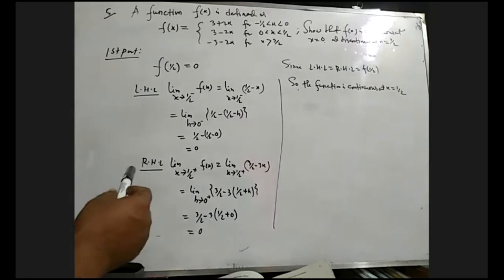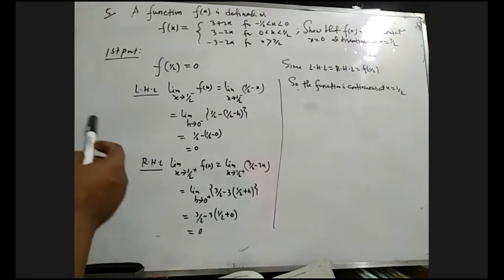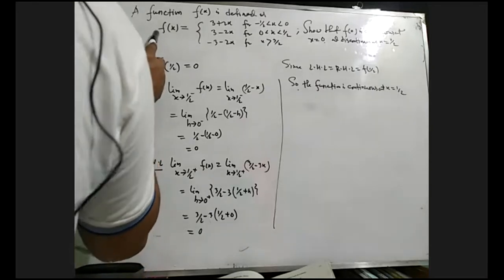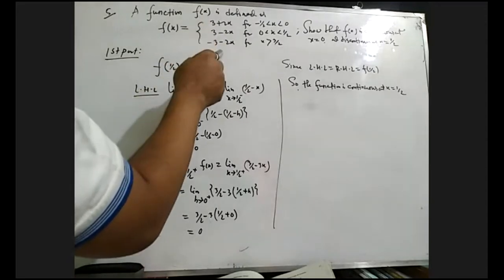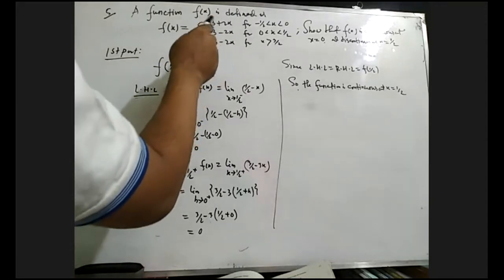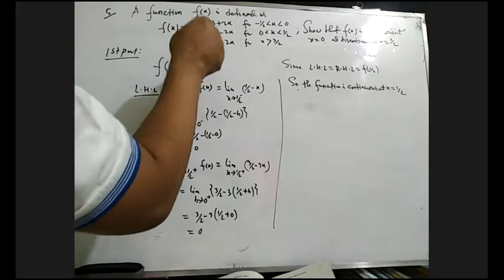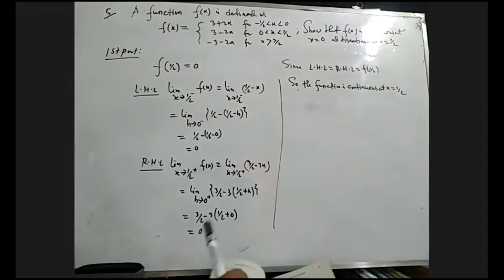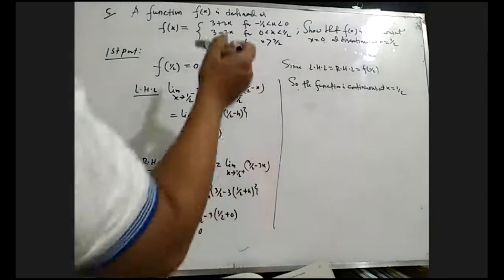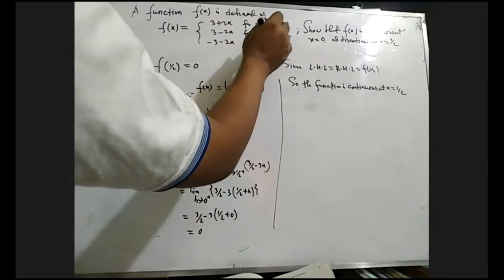Okay, now another example. Example 5. A function f of x is defined as f of x equals to, there are three values. This is also a piecewise function. There are three pieces of this function. So this is why it is called piecewise function. So for this one, 3 plus twice x for minus half less than x less than 0.